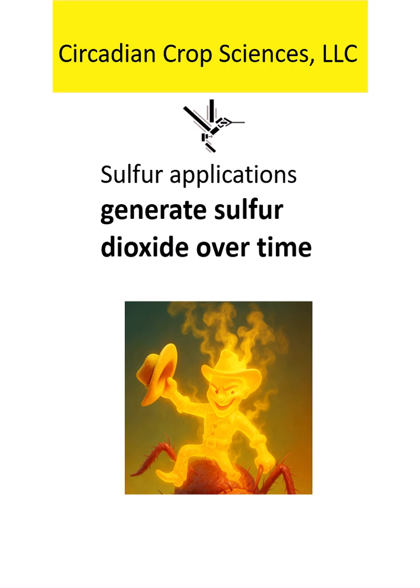Sulfur applications generate sulfur dioxide over time. This is through sublimation to sulfur vapor, which gets oxidized with oxygen in the air and UV light from the sun into sulfur dioxide, and directly sublimating to sulfur dioxide.